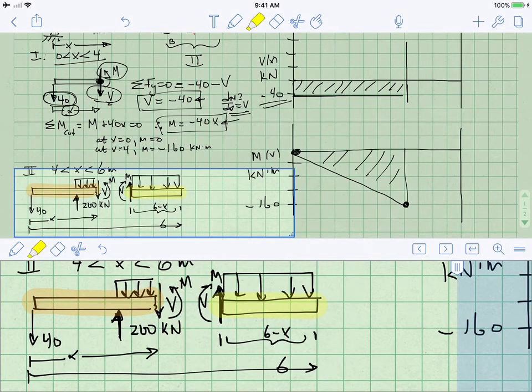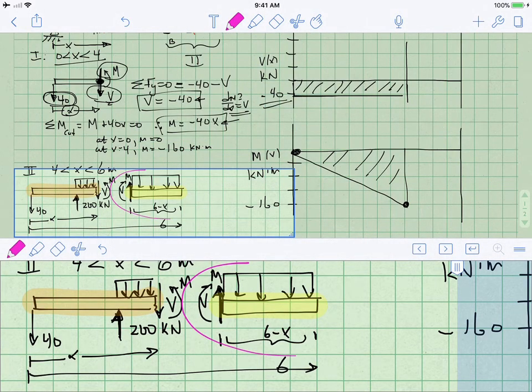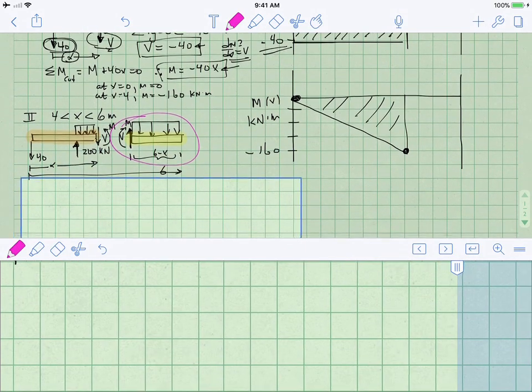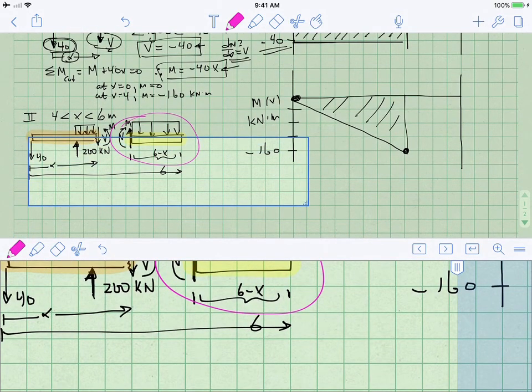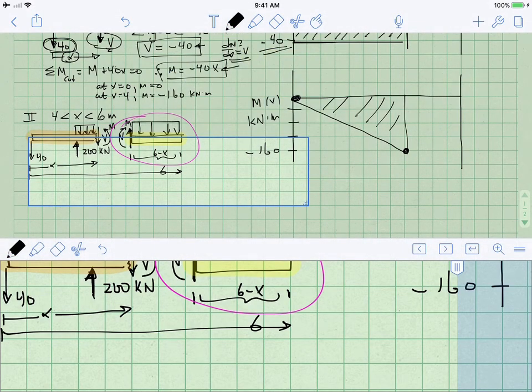I'm going to choose the right-hand side just because it's a tiny bit simpler. So the rest of my work is now going to focus on the right-hand side of this beam. I'm applying the equations of equilibrium to that segment.